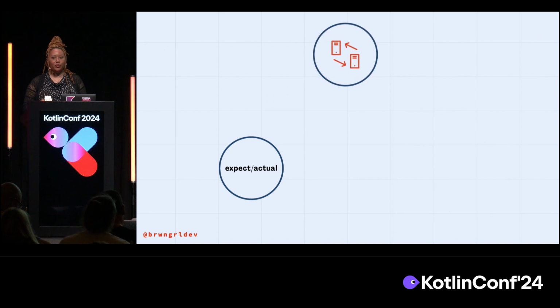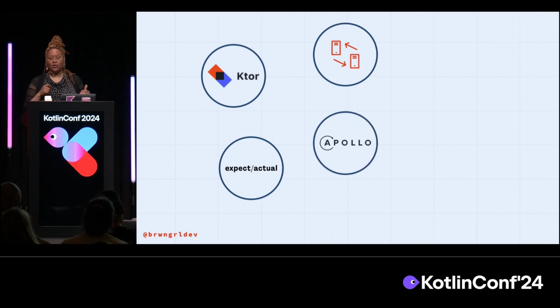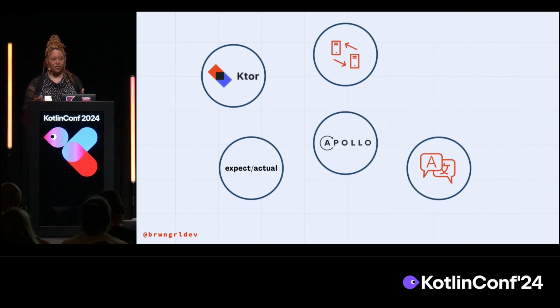We would be able to properly handle asynchronous shared code, working with Ktor for authenticated requests, integrating with Apollo Kotlin in our shared code, and also best practices for handling translations. Our app needed to support 13 different languages, and also using Firebase for some behavioral tracking.